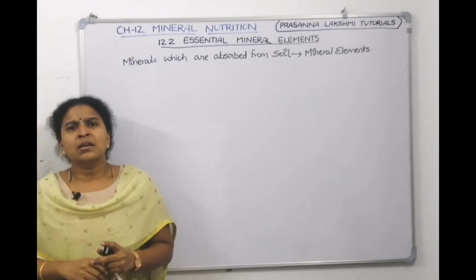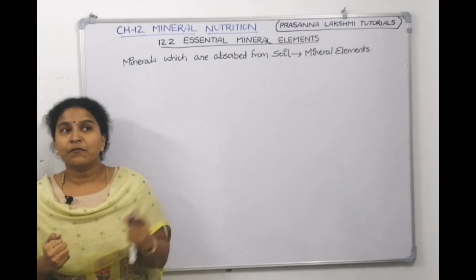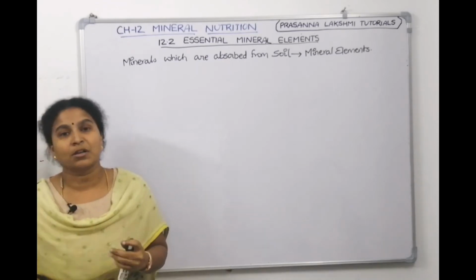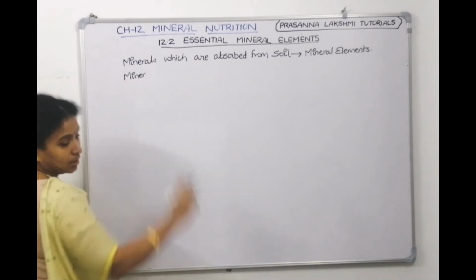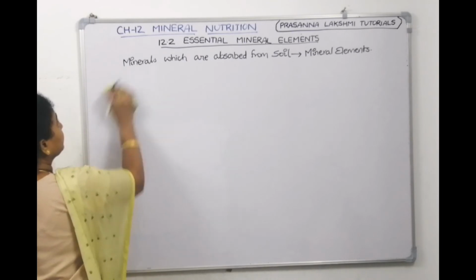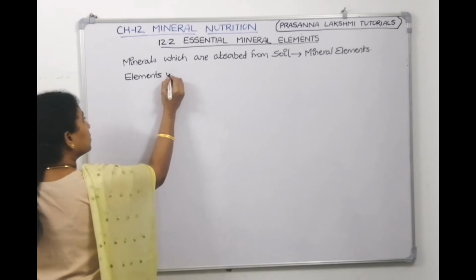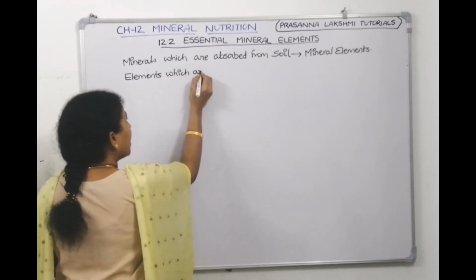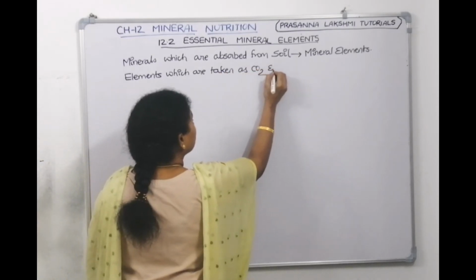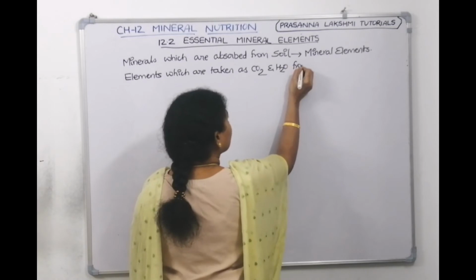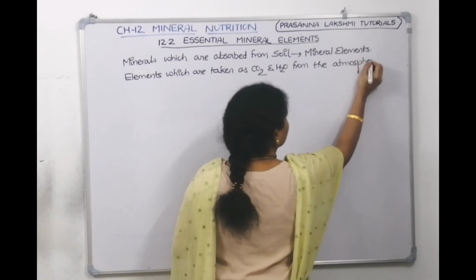There are some elements which are not taken by the plant through the soil, but the plant will take them in the form of CO2 and water from the atmosphere. Okay, so we'll write it down: elements which are taken as CO2 and water from the atmosphere.